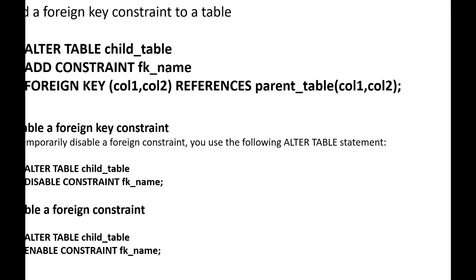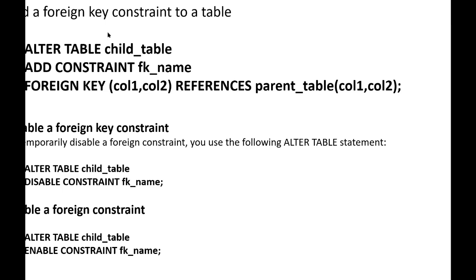Alter table, type your child table, then add constraint, then assign a constraint name for the foreign key constraint, type foreign key, then indicate the foreign key column, then type the word references, type your parent table, and then the column of the parent table to use to relate to the other table.